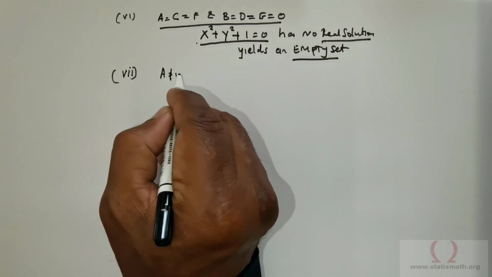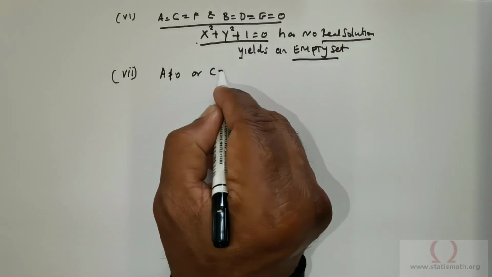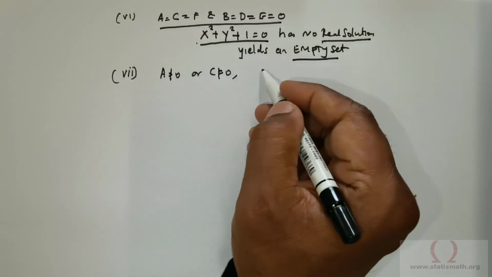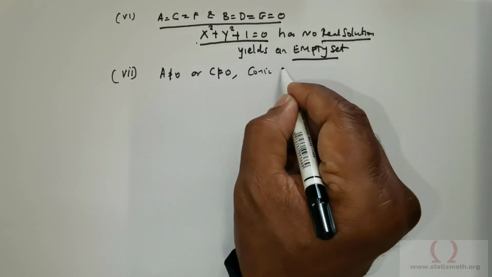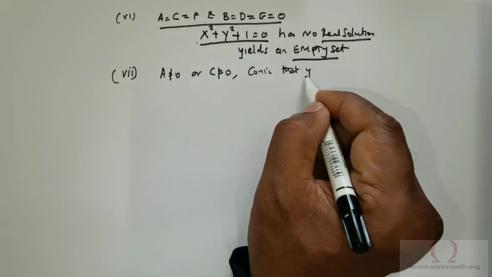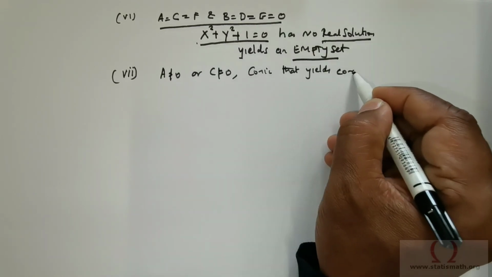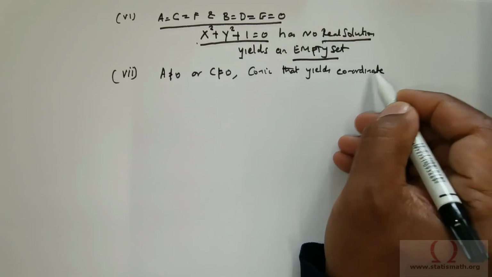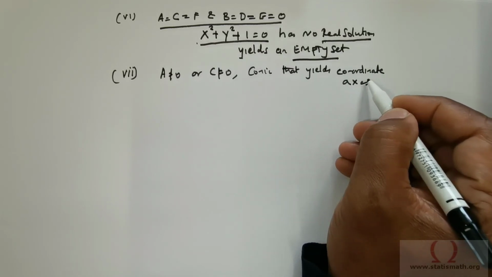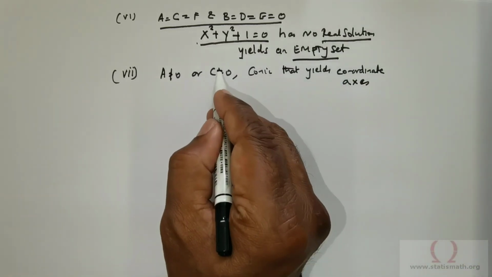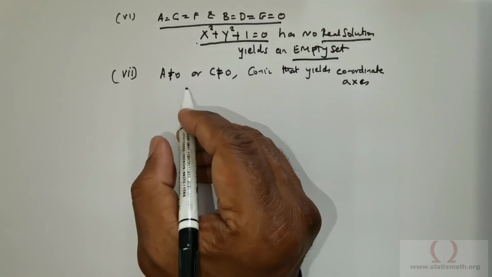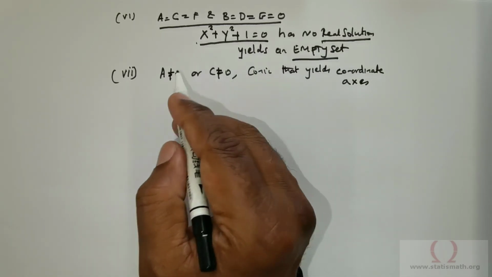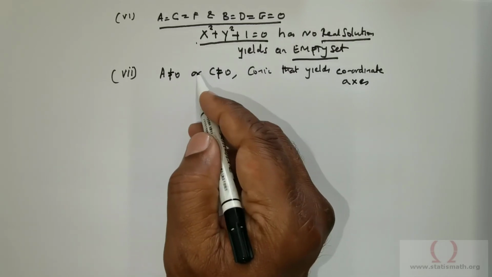Now A is not equal to 0 or C is not equal to 0, and this is a conic that yields the coordinate axis. Now you might be asking yourself, why do we need all these things? Look, you have to understand that we are now in the digital age. That means you should be able to design programs that they are asking you for.